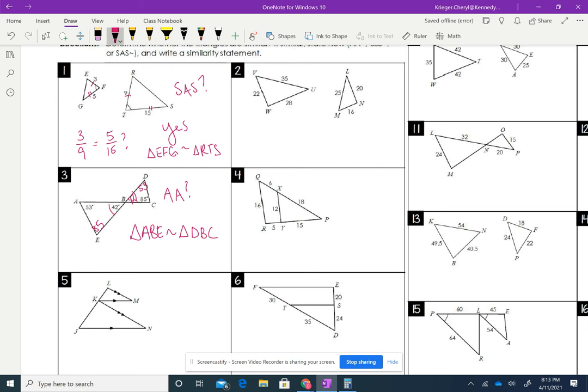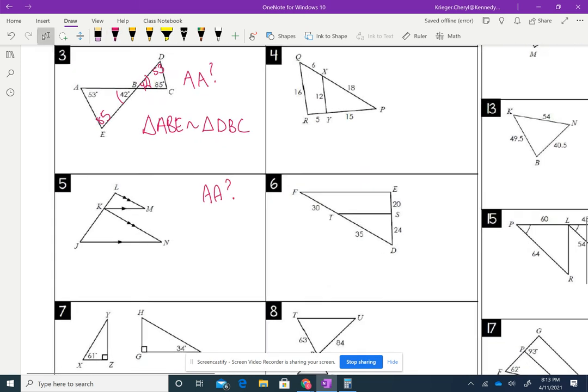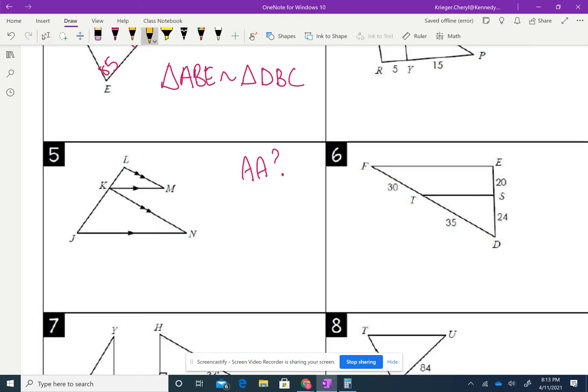Number 5. This is also angle. No math involved, you just gotta see it. So we have the parallel lines cut by the transversal. Makes these angles corresponding. Okay. Now we have KM is parallel to JN cut by this transversal, which makes these corresponding.